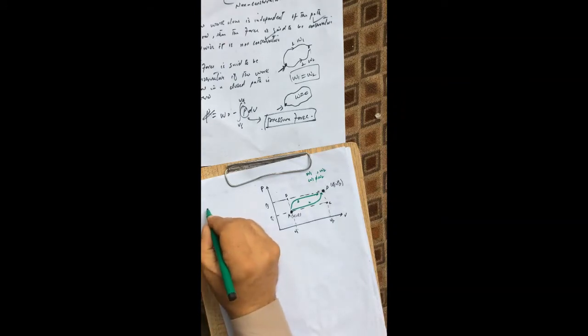Now for that I will consider path number 1 first, so the work done along path 1.